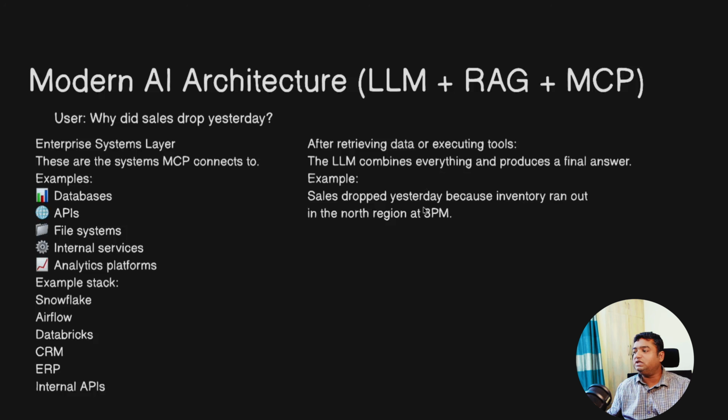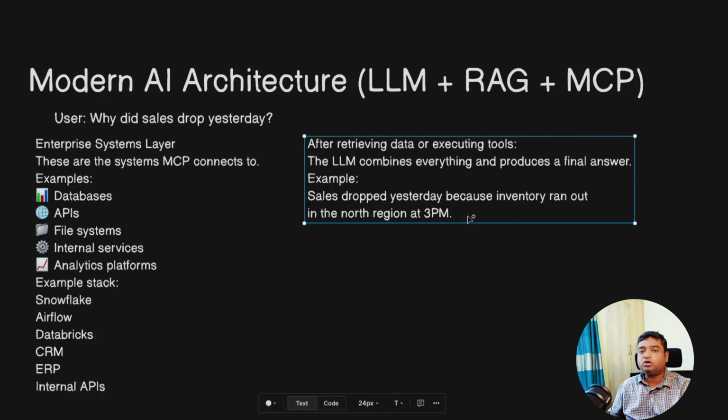The answer, for example: sales dropped yesterday because inventory ran out in the north region at 3 p.m. The north region at 3 p.m. will be retrieved from MCP, but the inventory information, like what the previous inventory was and how it dropped, can be retrieved from the RAG. So this answer can be a combination of multiple inputs to the LLM, which the LLM gets from the RAG and from the MCP.